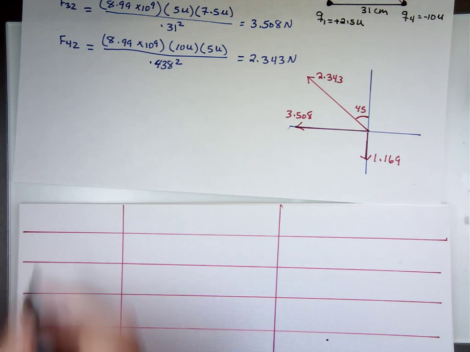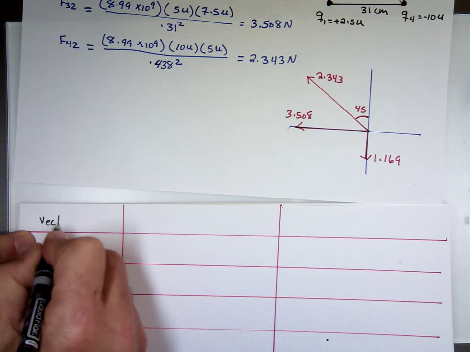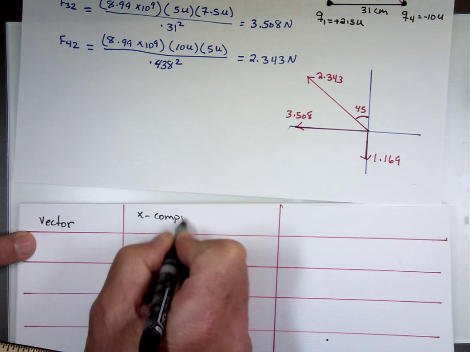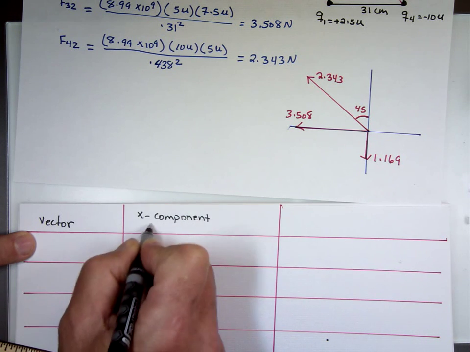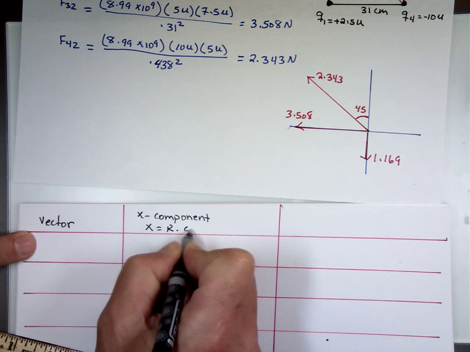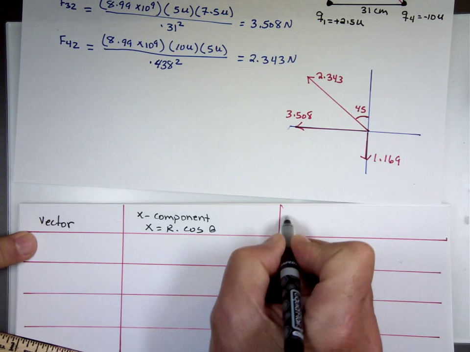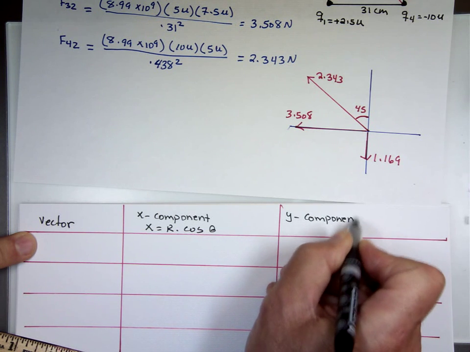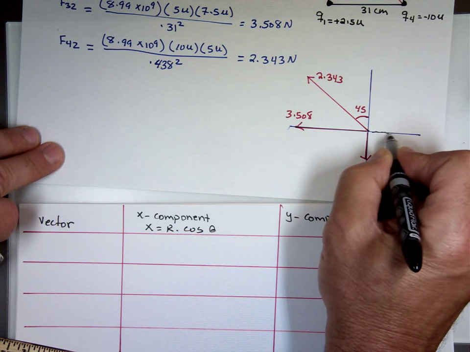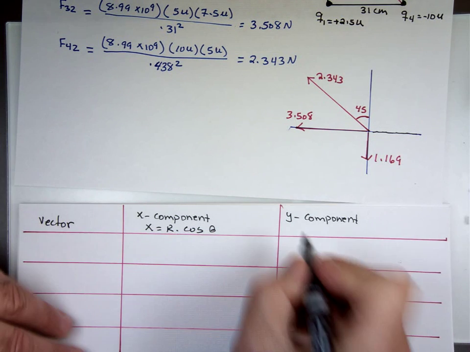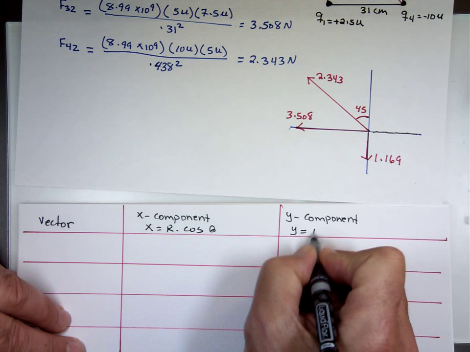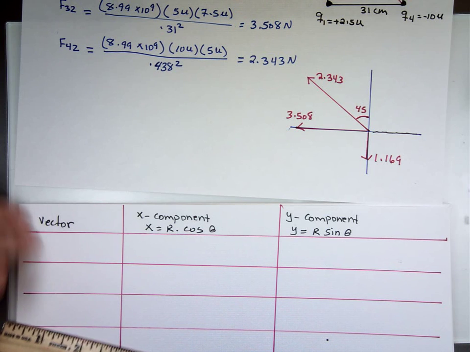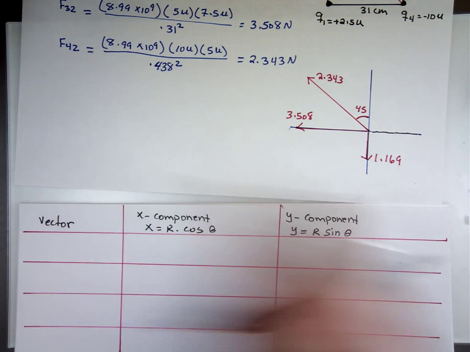The first column is going to be the vector. We're going to write the vector here. This is going to be the x component, which is r times cosine theta, and this is the y component. This is only correct if you take the angle with respect to the positive x-axis. Then x is r cosine and y is always r sine. That's why when we write the vectors, we write them with respect to the positive x-axis.